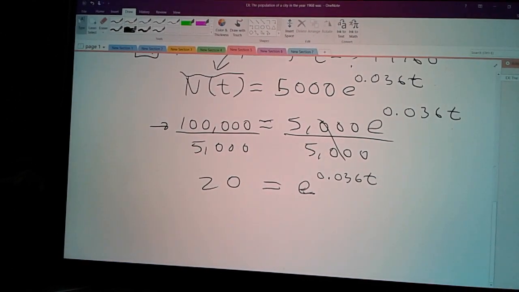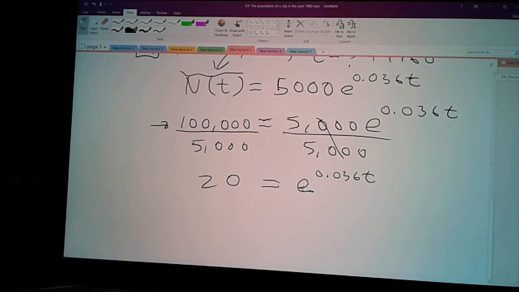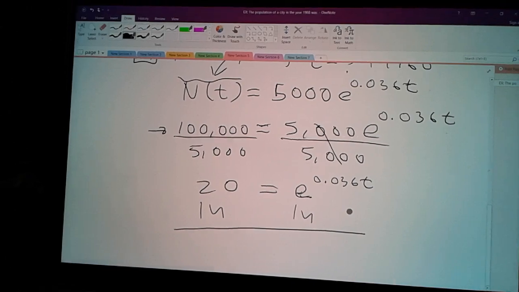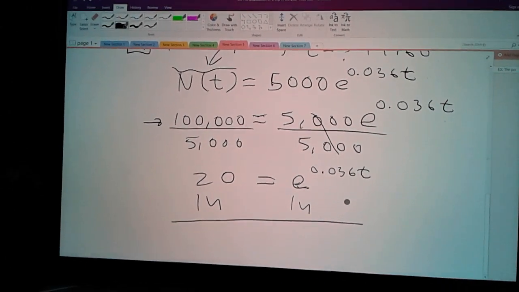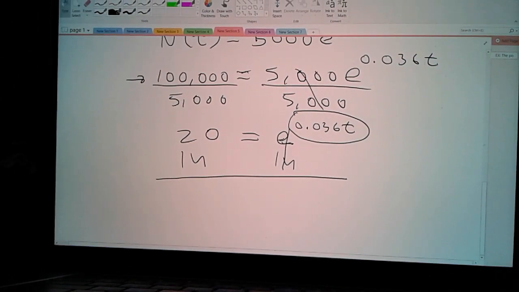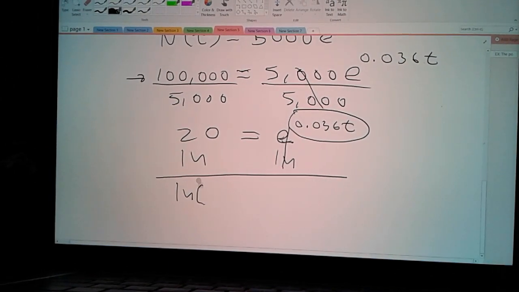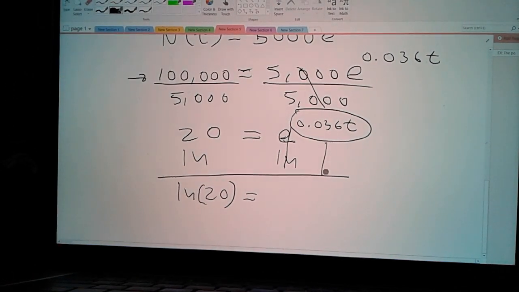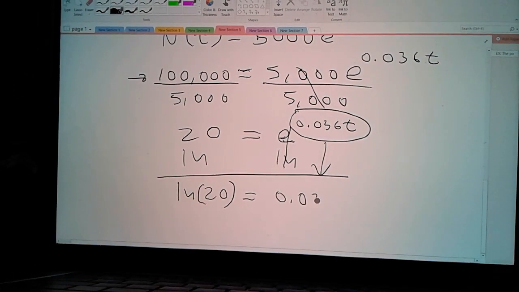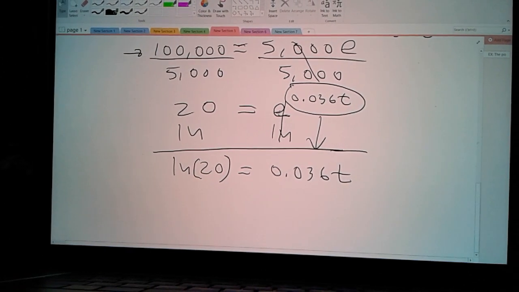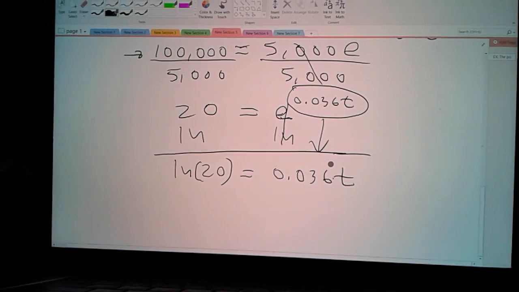So I have to ln both sides of the equation. So we're in the same spot as we were for the last couple examples. If I ln e, I know that's going to cancel there. So I'm just going to have the power. And I have to also take ln of 20. Whatever I do to one side, I have to do to the other. So I'm going to get 0.036 t. So I need to solve for t. So what am I going to do?